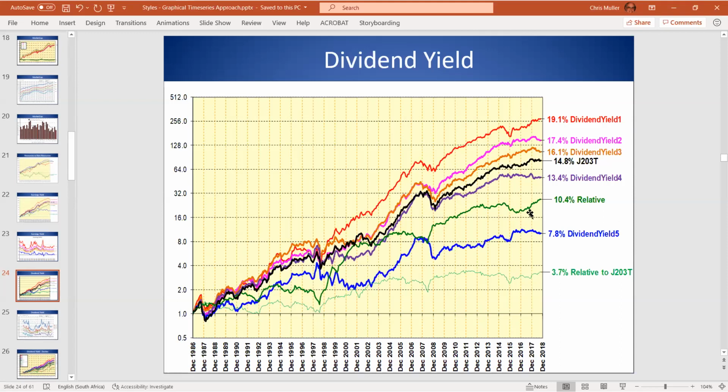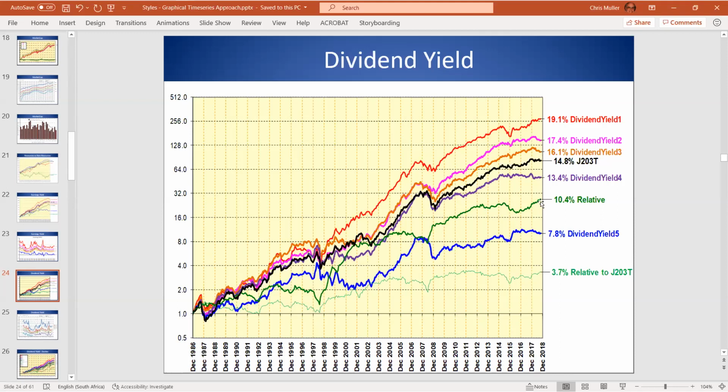And interestingly, sorry, I can't compare. This is only to 2018, but the important thing here is that this green line looks similar to the earnings yield one, and it is going up.